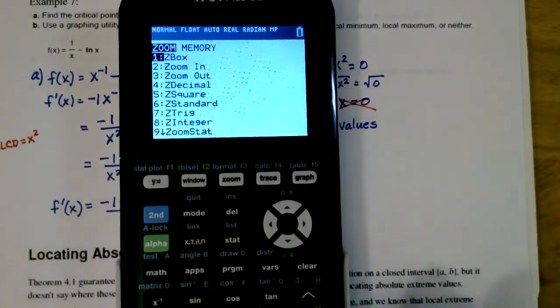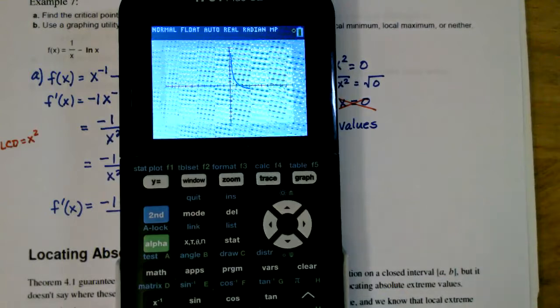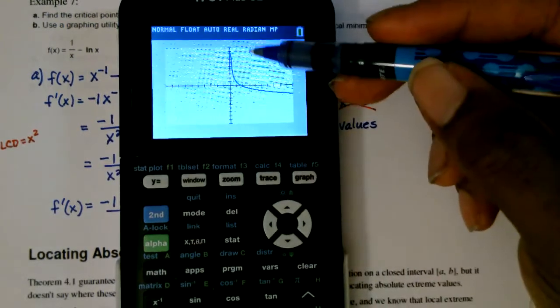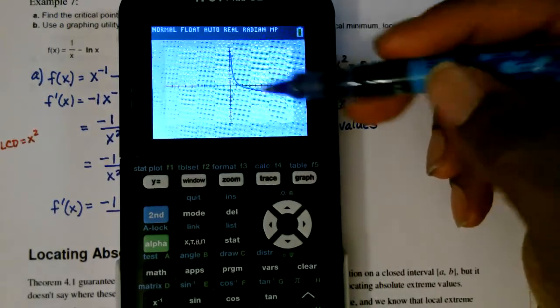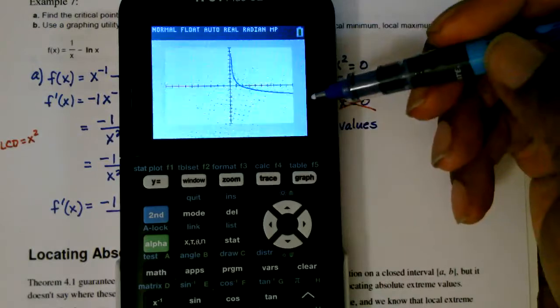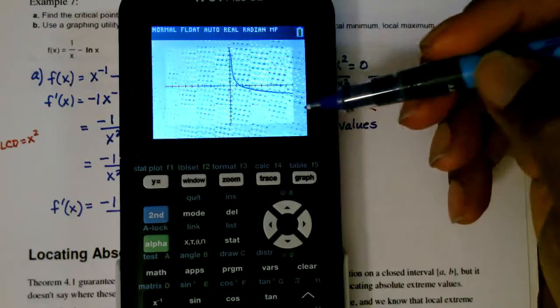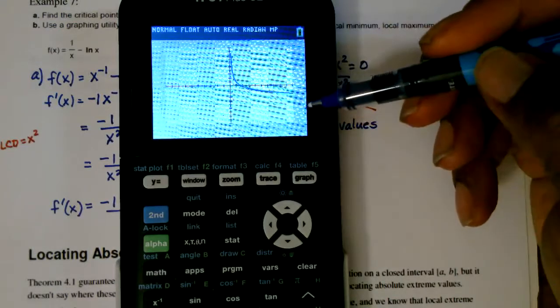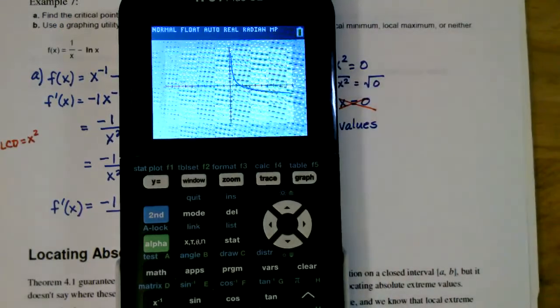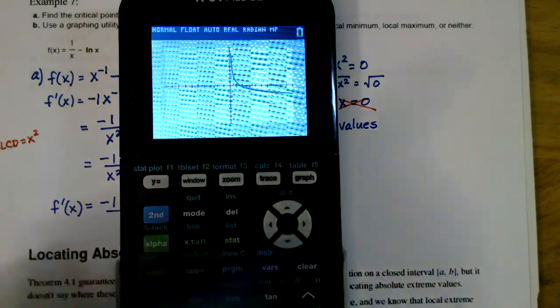And let me do zoom 6 for the standard window. So as you can see here, there's not going to be a local maximum or a local minimum from 0 to infinity. There is no absolute highest x value, nor is there a lowest y value here.